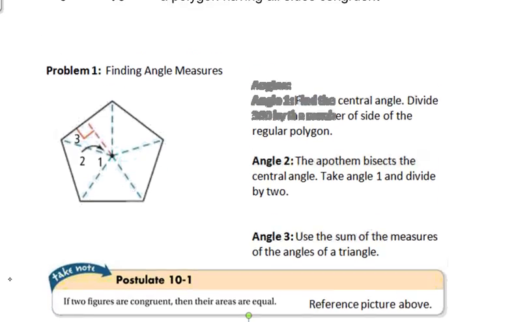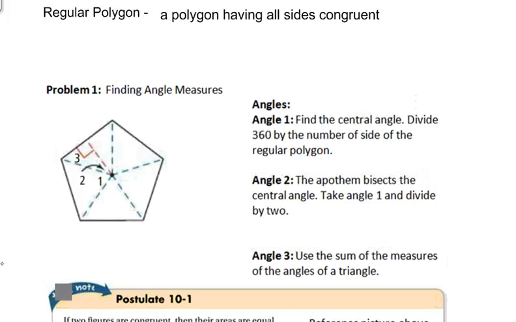So, finding the angle measures. We might have to find angle measures from time to time. Let's look at problem 1 here. It says angle 1, find the central angle. A central angle is the angle between those radii. So divide 360 by the number of sides, because this makes a whole 360-degree loop.